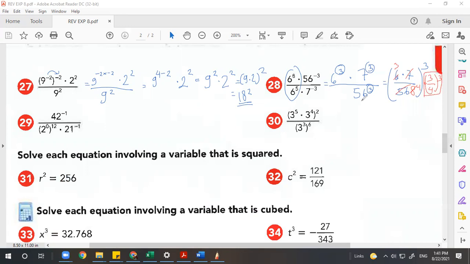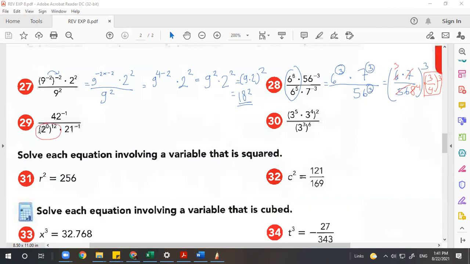It's quite long, but still we use the same formula on and on. Any questions so far for number 27 and 28? Not really. Not really? Okay, cool. Now, number 29. Okay, we deal with the power 0, right? Anything to the power of 0 is 1.